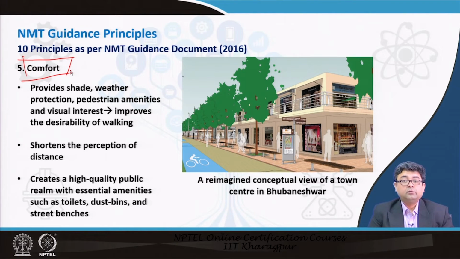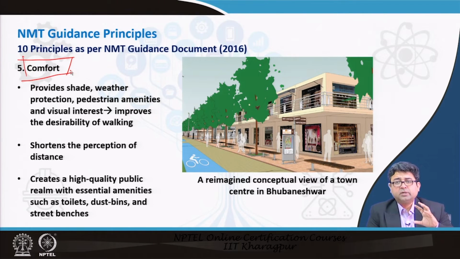So, if we want to encourage more pedestrian activity or more NMT activity, you have to somehow quantify this level of comfort, right. Comfort is a feeling, it is very qualitative. My comfort level may be different from your comfort level.